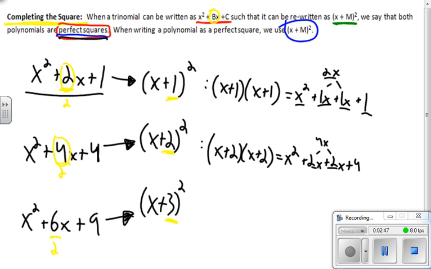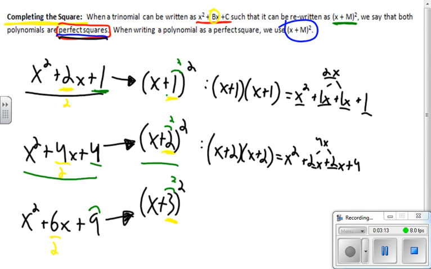Okay, so that's one thing to keep in mind. Another thing to be looking at is this value, 1, that's 1 squared. 4 is 2 squared. 9 is 3 squared. So notice how all of these work together, from the trinomial to the binomial squared.